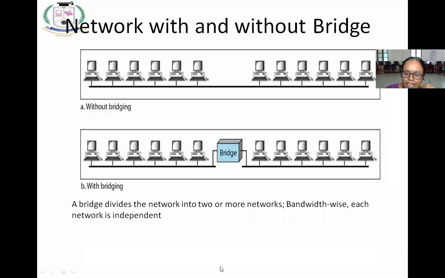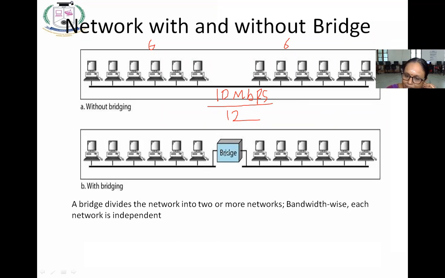Now, a network with and without bridging. Here there is no bridging. Here nearly 6 systems and here nearly 6 systems, so totally 12 systems connected with my Ethernet cable. Without bridging, if I give 10 Mbps speed, it is automatically shared by 12 computers, 10 Mbps divided by 12. That's why it is sharing the bandwidth, and each system gets only that much speed.